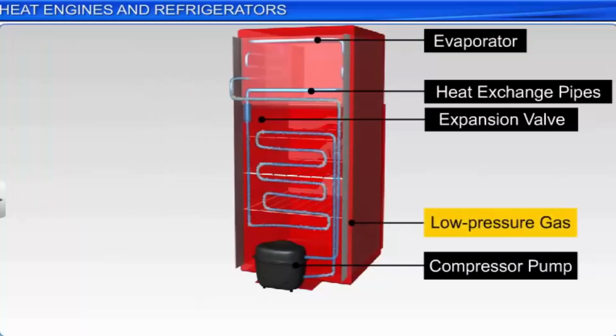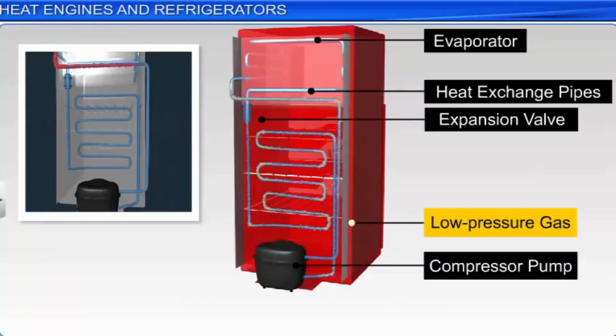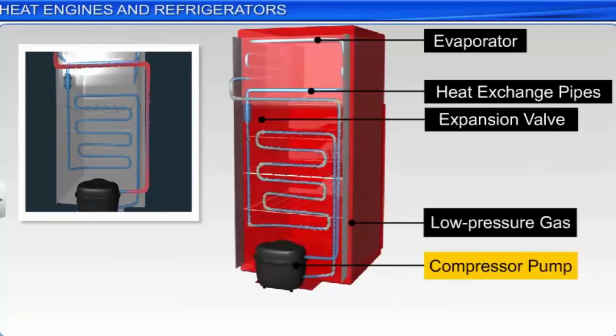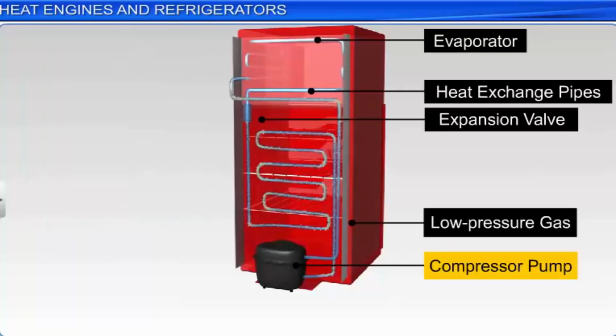The compressor does some work on the vapor, and as a result, the pressure and temperature of the vapor increases substantially. The high-pressure hot vapor then passes through the exchange pipes located outside and releases heat energy to the surroundings.